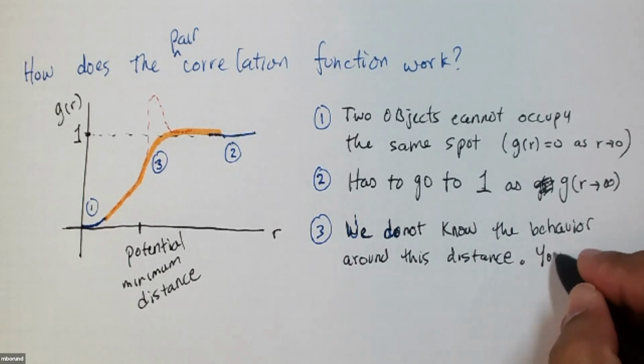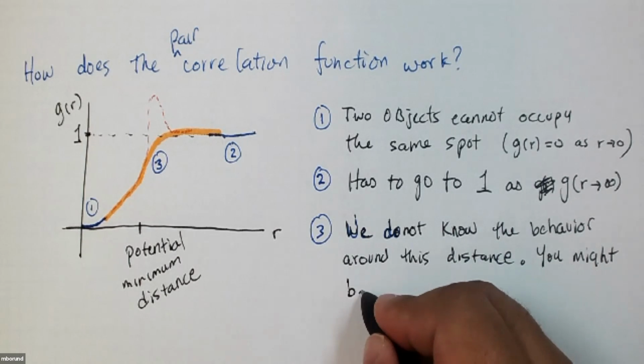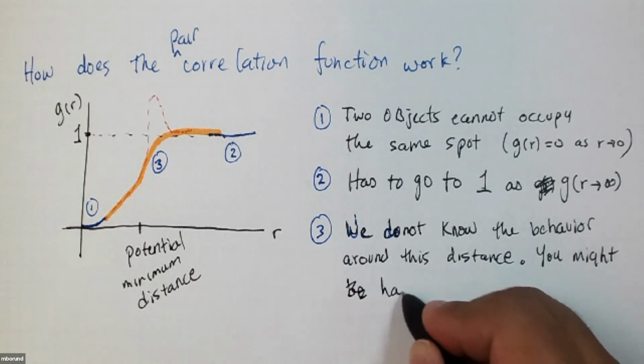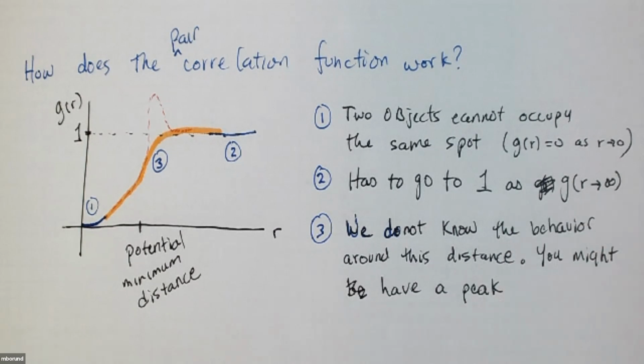You might have a peak. And what situation would allow for a peak? When it forms a molecule. When it's attractive, right?